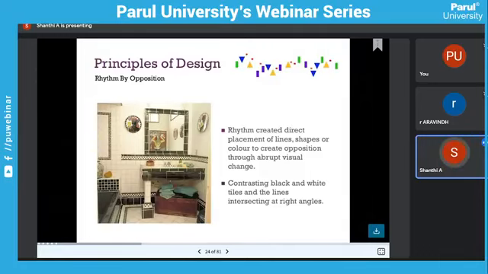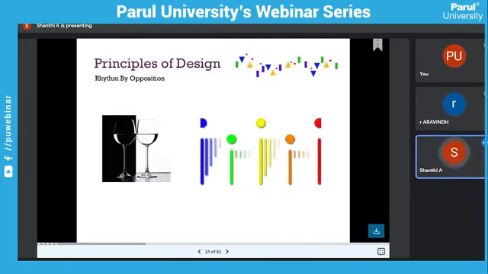Like the shape can be changed, the size can be changed, the color can be changed. So any of the elements would be repeated, but in a different size and shape. So it can be transformed into various other sizes. So which will give a feel of opposition, where multiple elements which are directly opposite to each other will be added to the design.